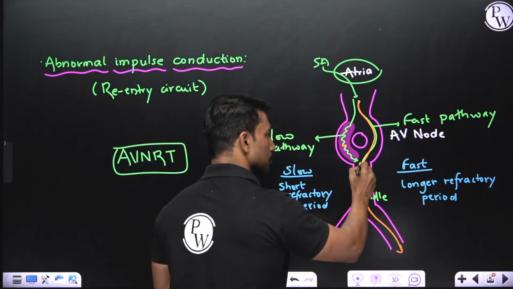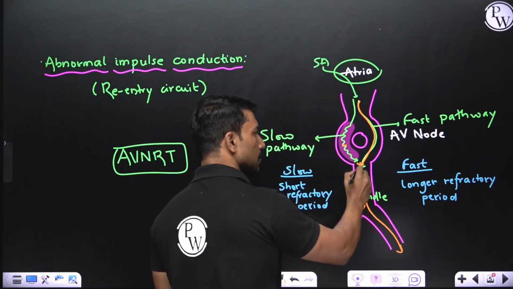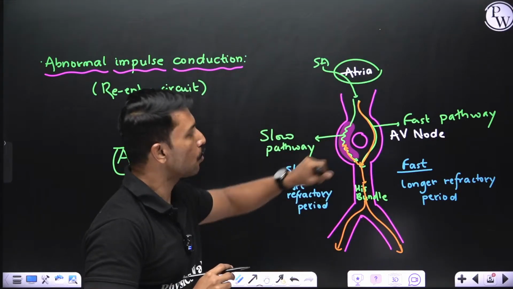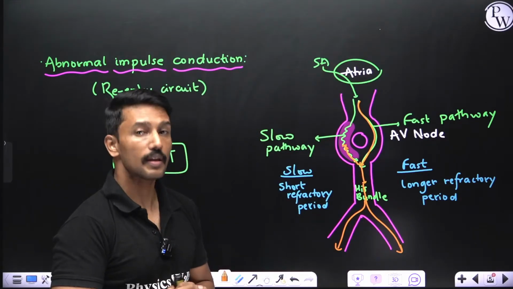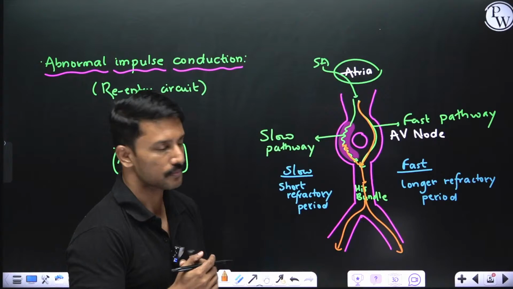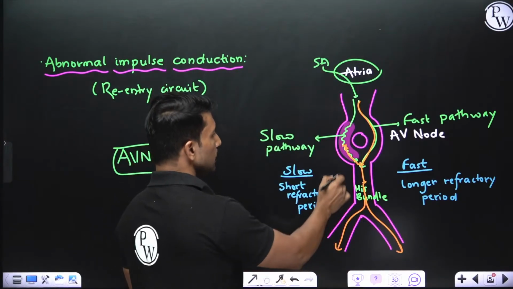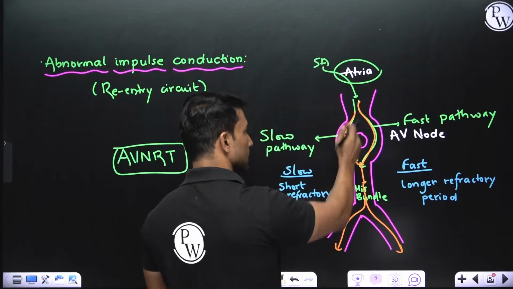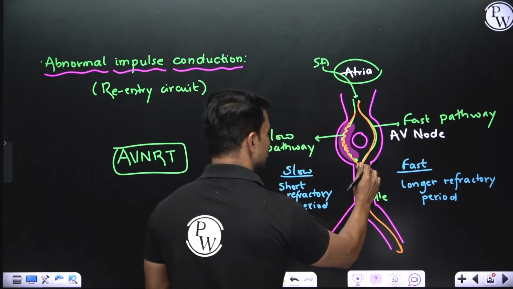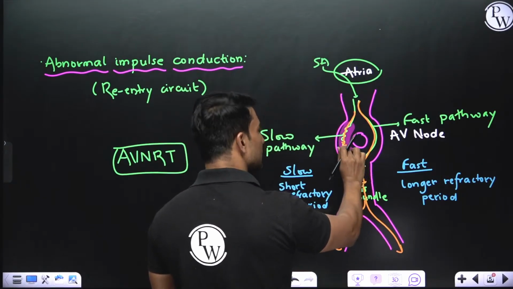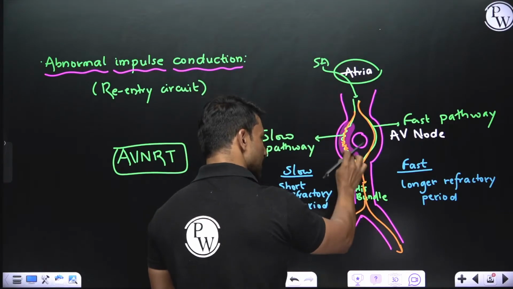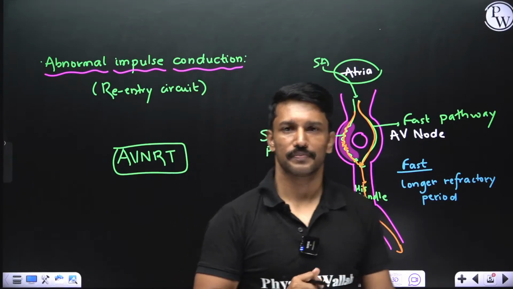So then in this impulse, because there is a potential difference, the impulse will travel upwards into the slow conducting pathway. In normal physiological state, what happens? Remember, in normal physiological state, the slow impulse coming from the SA node and this impulse re-entering from the fast conducting pathway, they will cancel out each other.